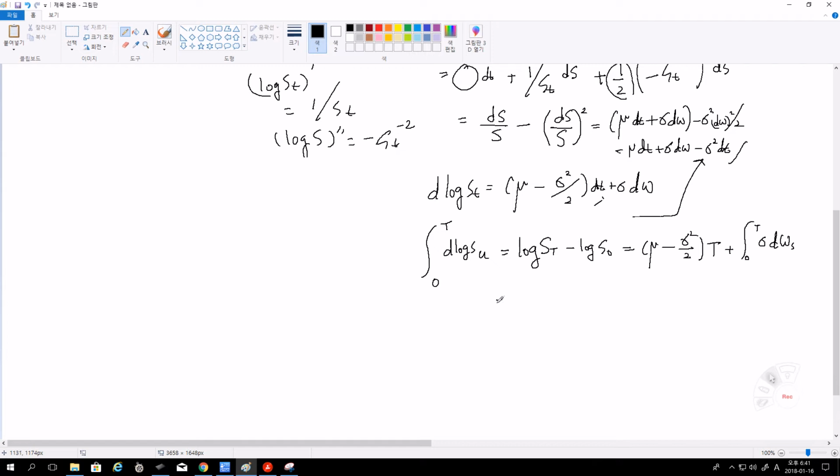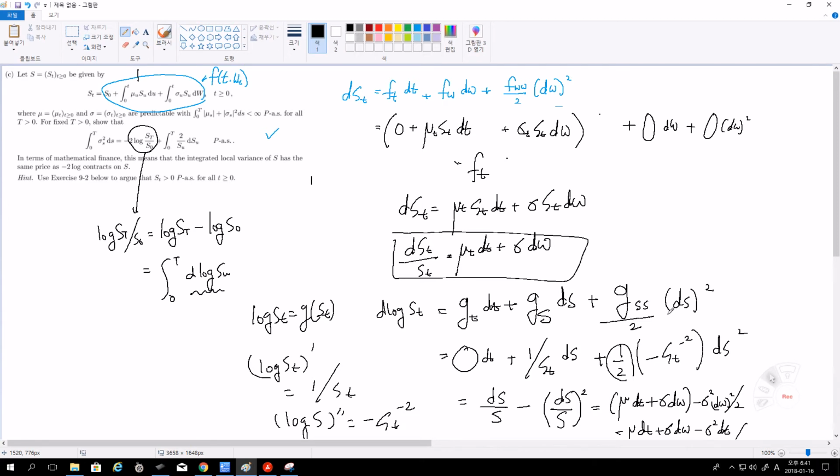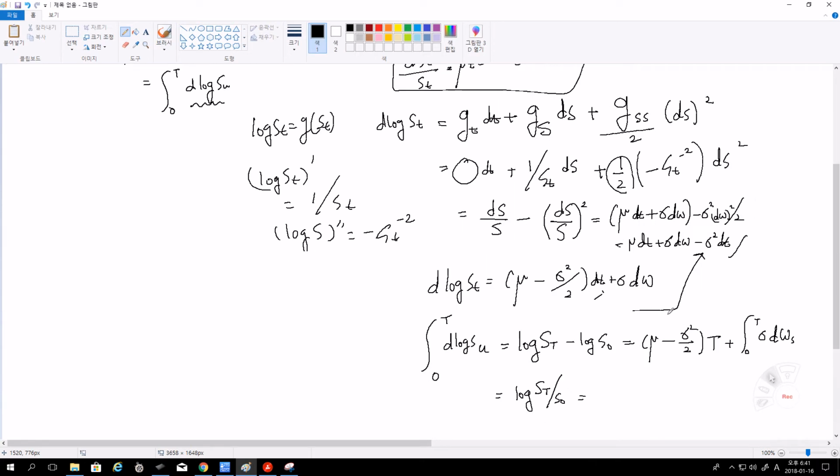So it is log S_t over S naught, which is equal to mu minus sigma square over 2 times t plus the integral from 0 to t of sigma dW_s.